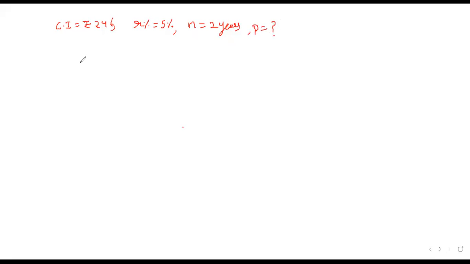Principal is unknown. Write the formula for compound interest. Formula for compound interest, we know that is compound interest equals P into (1 plus R by 100) whole to the power n minus 1. And it implies 246, the compound interest is rupees 246.